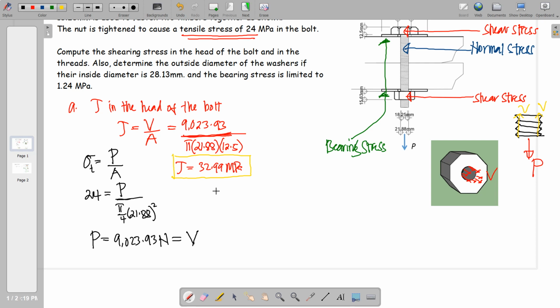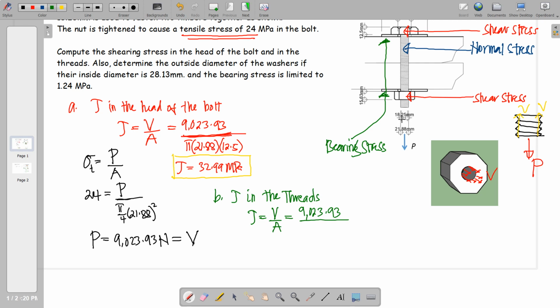So moving on to the other requirement, we have the shearing stress in the threads. Let us have the shear stress in the threads. We employ the same formula. Tau is equal to V over A, and then we use the same shear force all over the shear area. The shear stress within the nut is at the root of the threads.